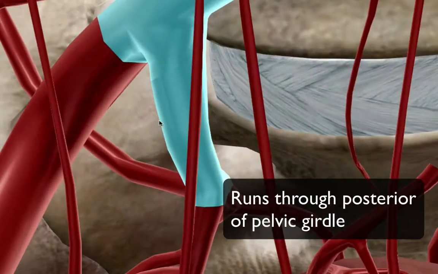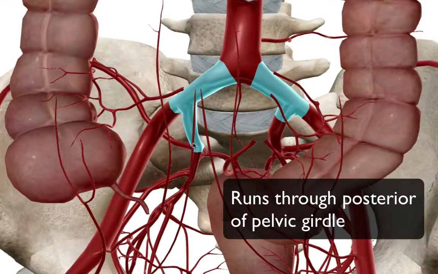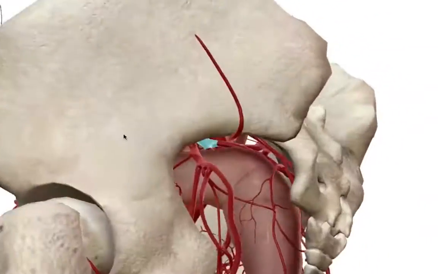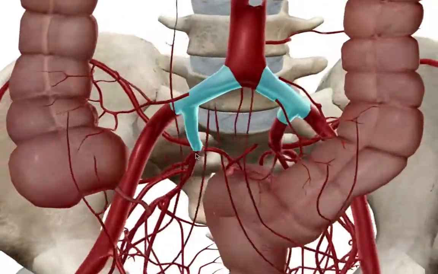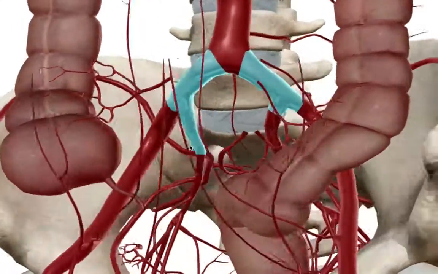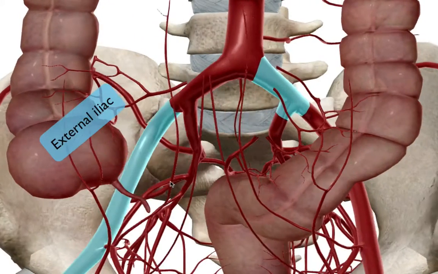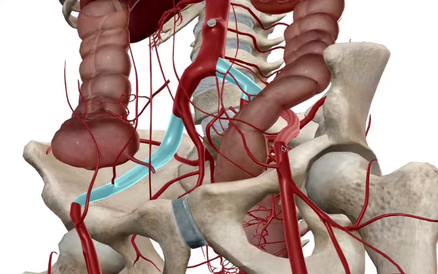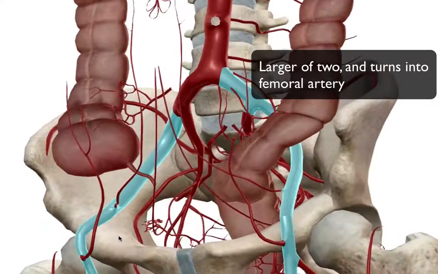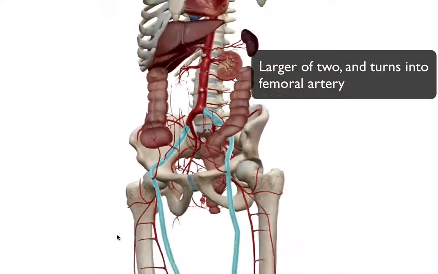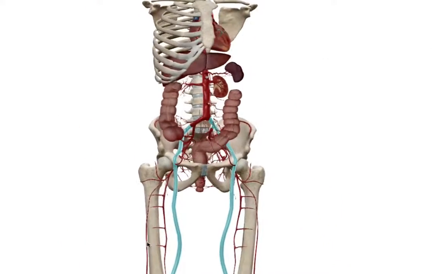This internal iliac artery feeds the posterior side of the pelvic girdle, and also your glutes. And then the external iliac is the larger of the two.